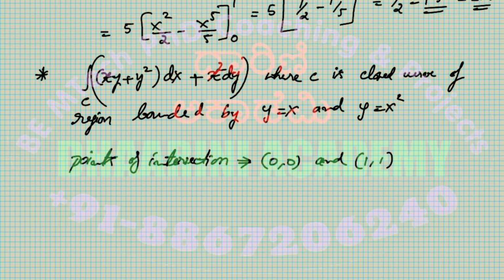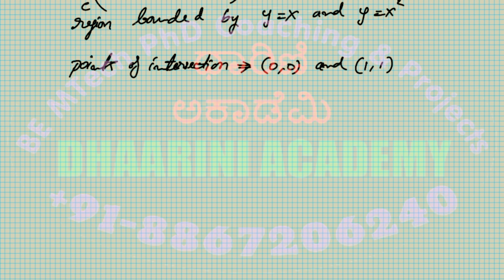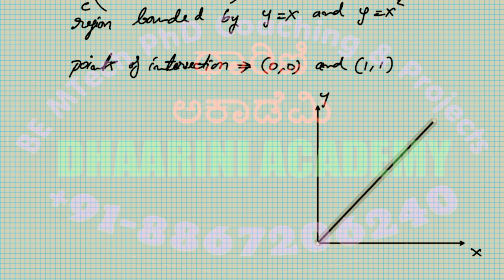So let's quickly draw the diagram as well, because I want to mark what way I want to travel, right? It's in the first quadrant, so this is x, y. So 1 is a straight line, y equal to x. So this is the first one, and another one maybe like this, correct?